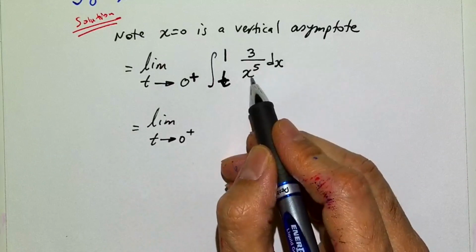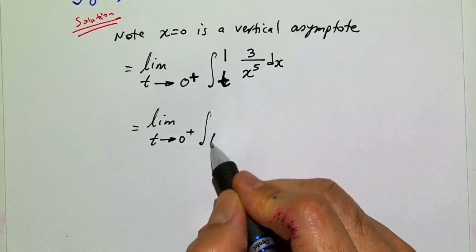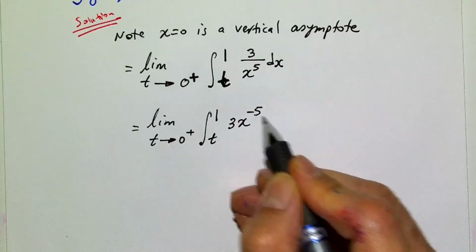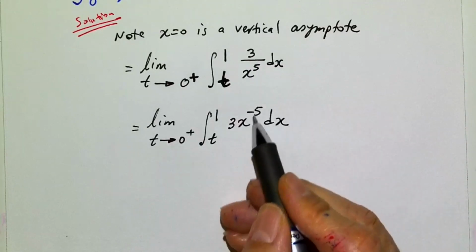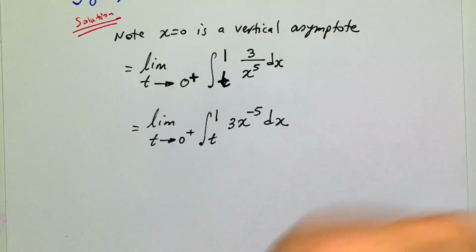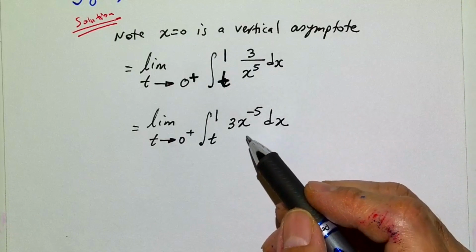Now, as you can see, this is simply 3 times x to the negative 5 power, right? And we can easily integrate this. Add 1 to the power, we get negative 4, and then divide by the new power negative 4.